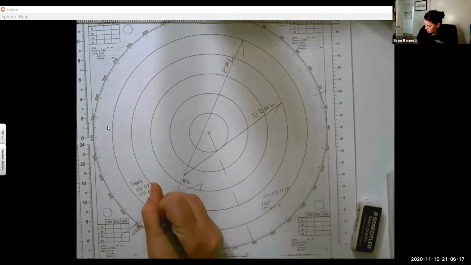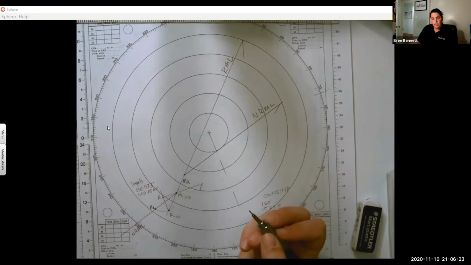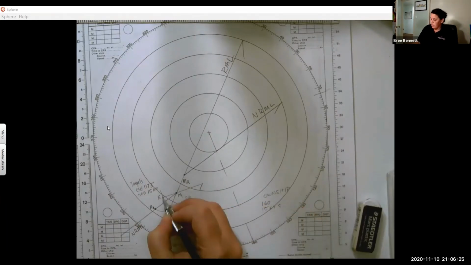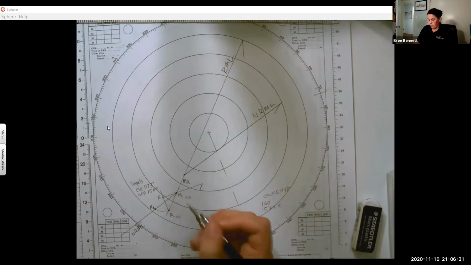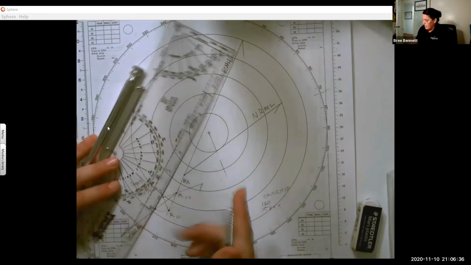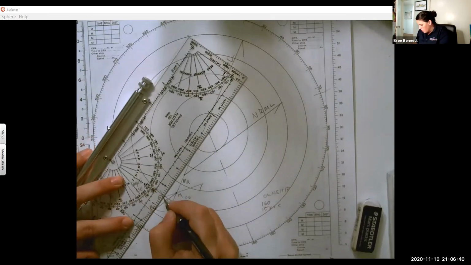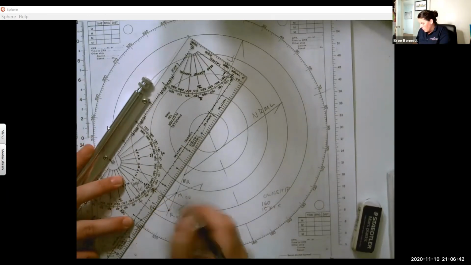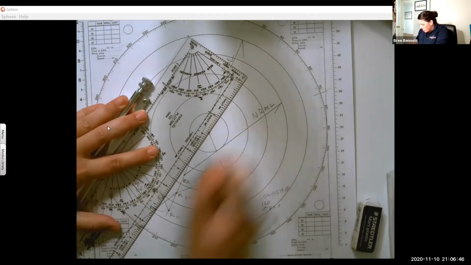So this is going to be my R prime, my new R. So I'm creating E to R and M as my new relative motion line or new triangle. So I connect E to R for my own ship. And then I bring that to the center so I can measure it.